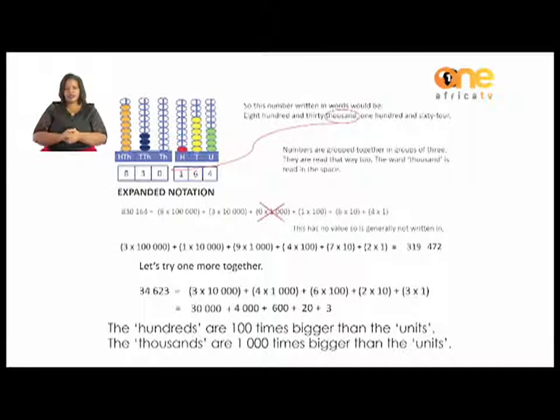We have 34,623. If you have to expand that, you can do it exactly how it's shown on that slide, and your final answer should be 30,000 plus 4,000 plus 600 plus 20 plus 3.